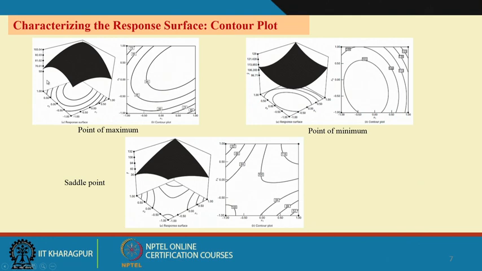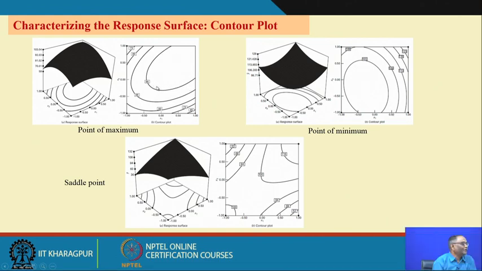Here there are two variables in coded terms, we have written x1 and x2, minus 1 to plus 1, minus 1 to plus 1, and this is your response variable. Now, if you see the contour plot, all the points on this line will have the same y response value.